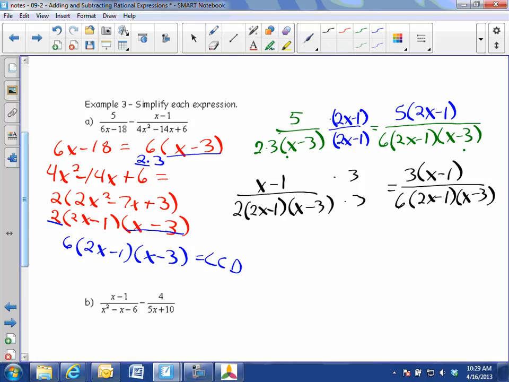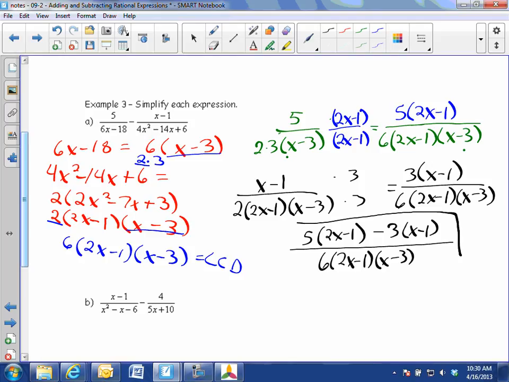Okay, now be careful because we are subtracting. We're not adding these fractions, we are subtracting these fractions. So I want to subtract these two, so we'll have 5 times 2x minus 1 minus 3 times x minus 1 over 6 times 2x minus 1 times x minus 3. Those are not the same, so we can't put them together. That's as far as that goes.